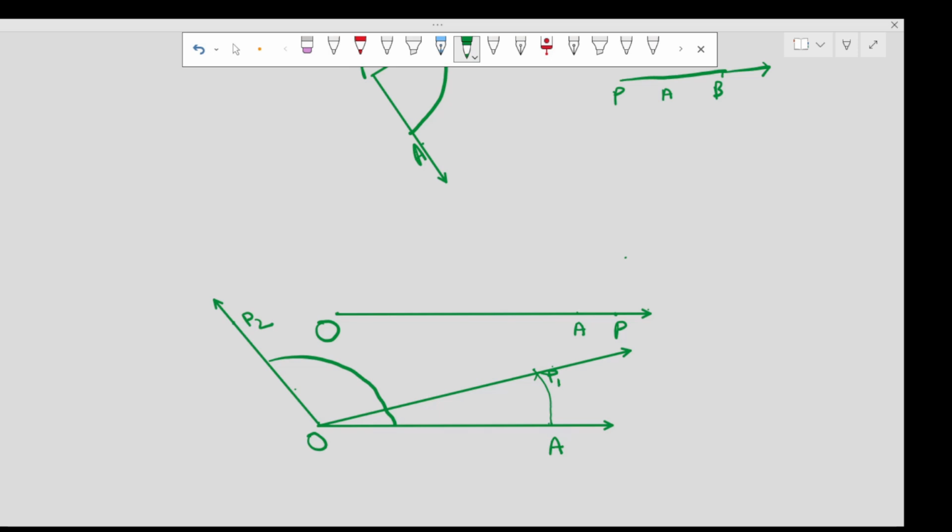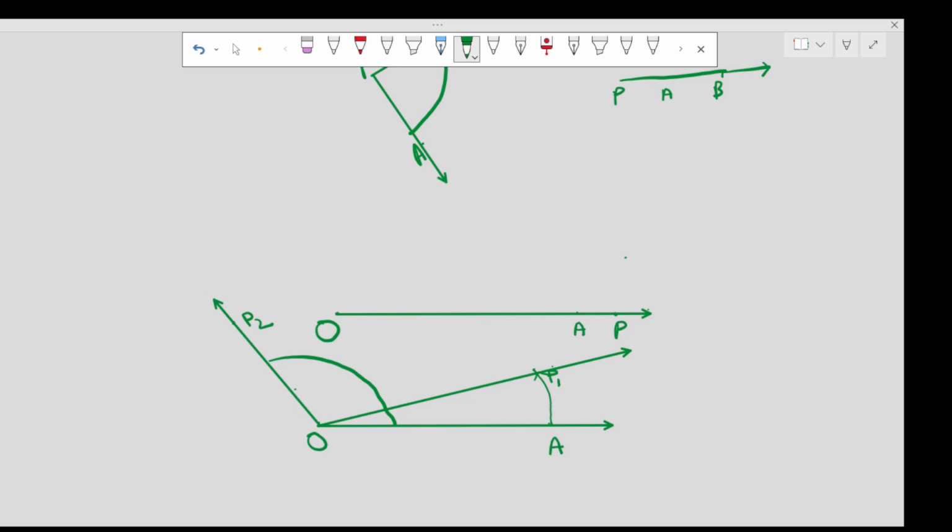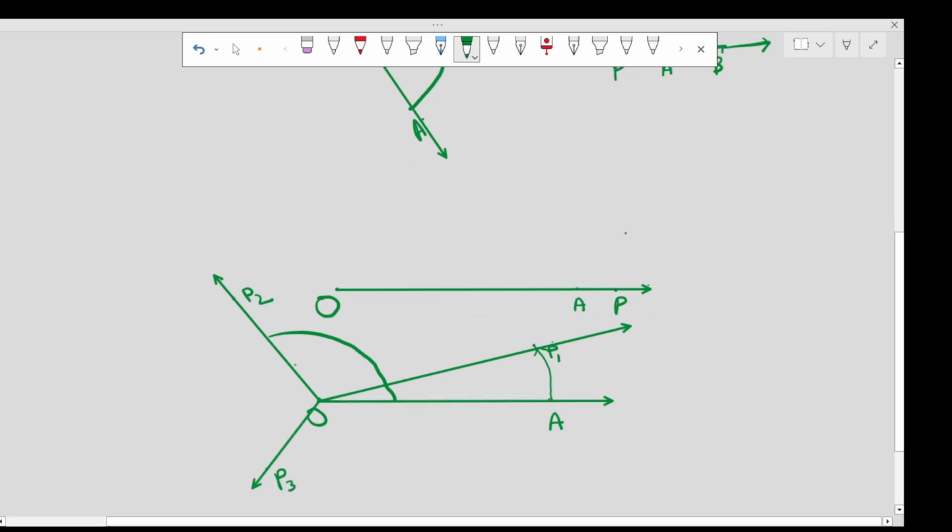This is an angle made after revolving. Alright, it is clear to you.